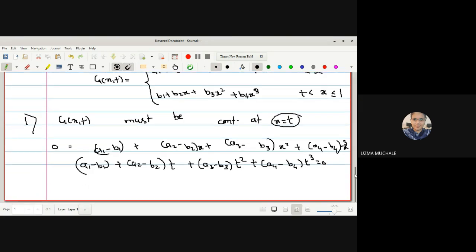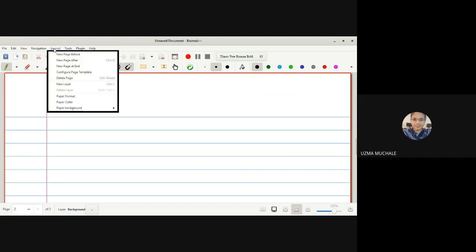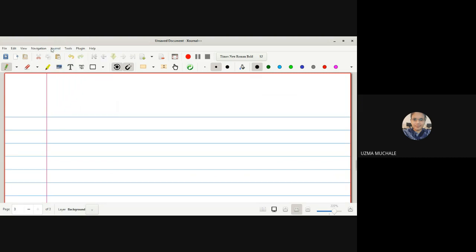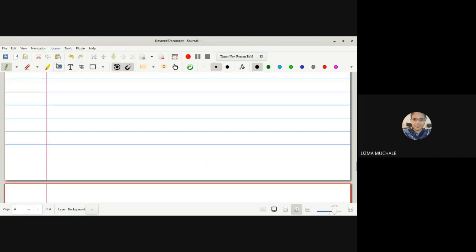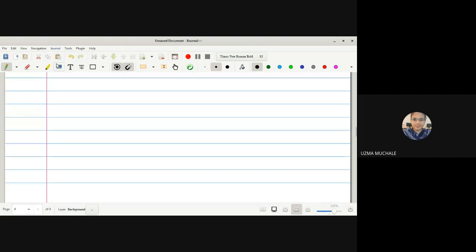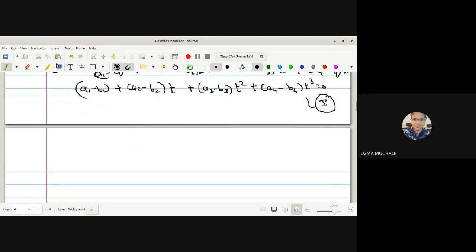We can name this as equation 1 so that we can solve this. Okay, what is the next condition?